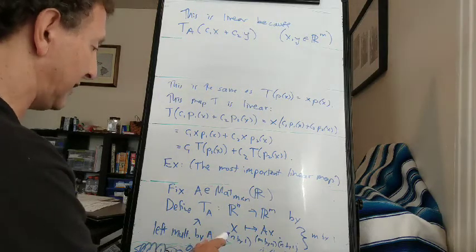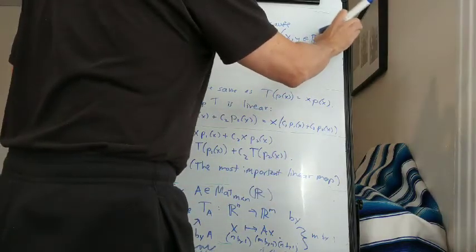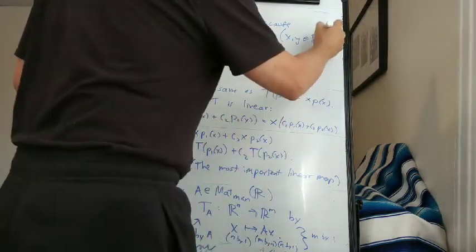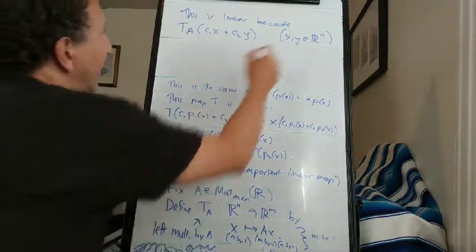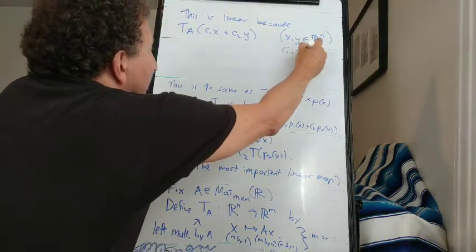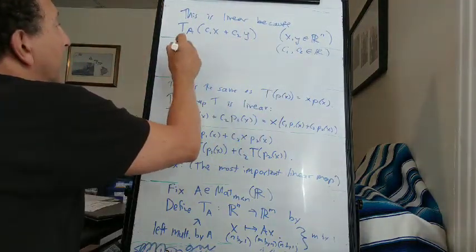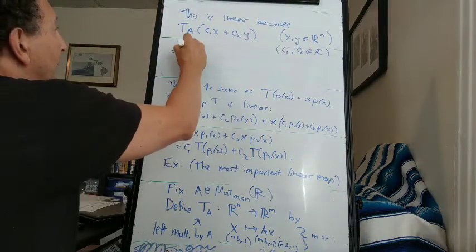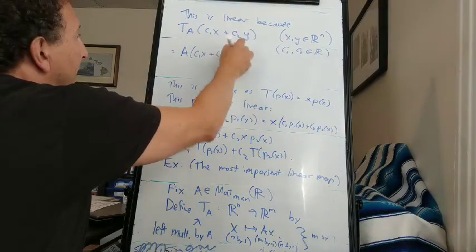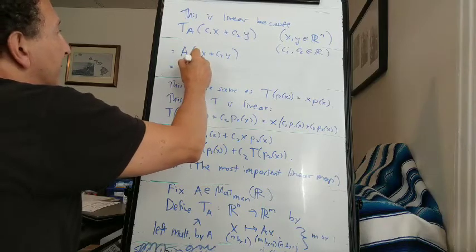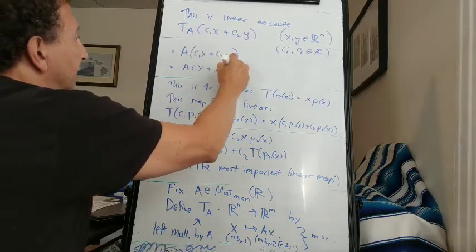So to check linearity, we'll look at two n by 1 vectors, so x and y in Rn, and c1 and c2 scalars, of course. So this is left multiplied by A. So A times c1x plus c2y. That's just A c1x plus A c2y.